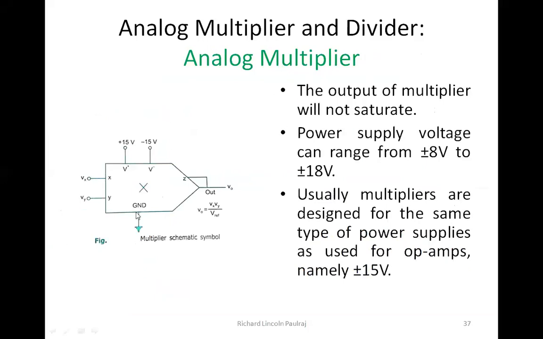We looked at this circuit where it has inputs X and Y, and the voltages across them were Vx and Vy, with potentials of plus 15 and minus 15 volts, and the output V naught. We saw that the output V naught was a multiplication of both the inputs Vx and Vy, divided by the reference. Usually we were taking the reference to be about 10 volts.